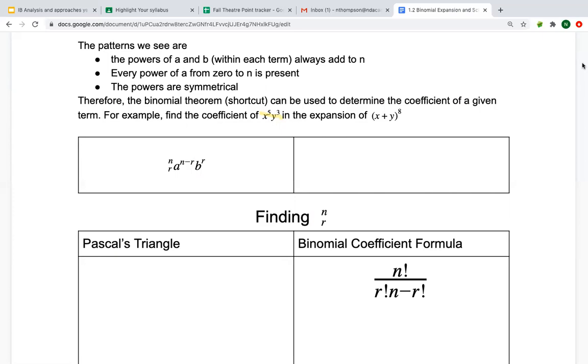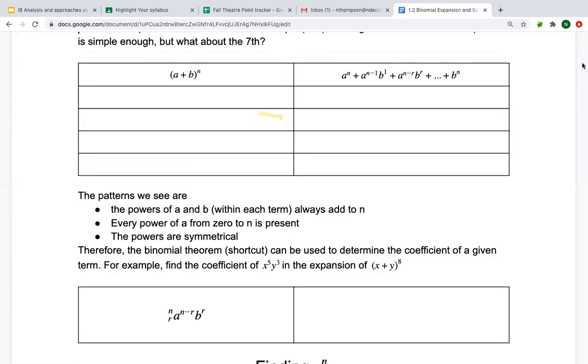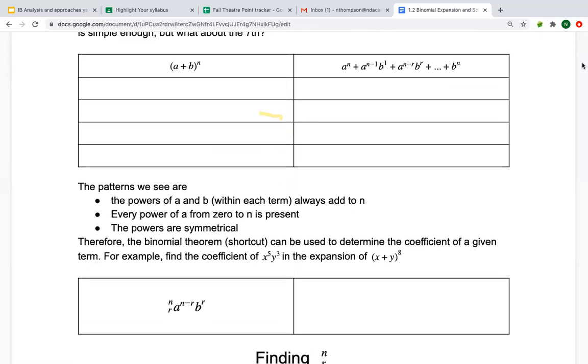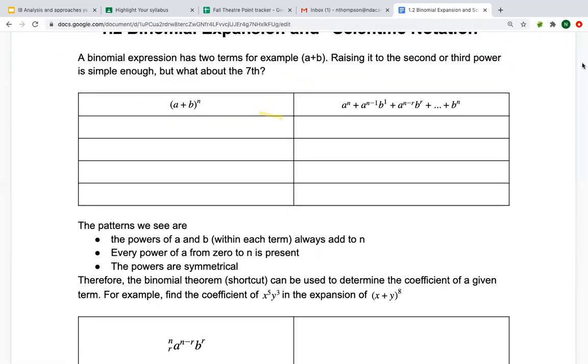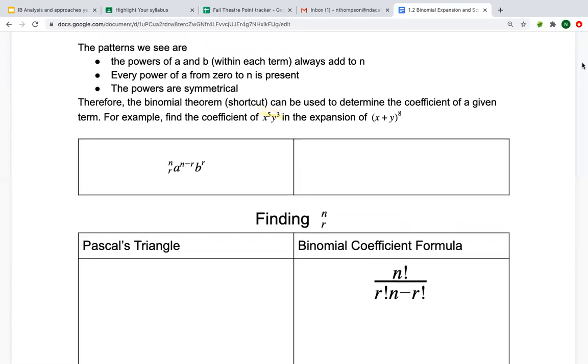And so what we're going to do is, if this is a plus b to the n, what we have is our a is x.